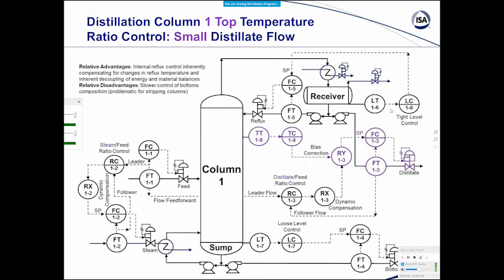One of the inherent advantages of this control scheme is, as there are temperature changes to the column, and often these columns are so large, they're not insulated. I don't know all the reasons why they're not insulated, but that and the overhead lines are not insulated.